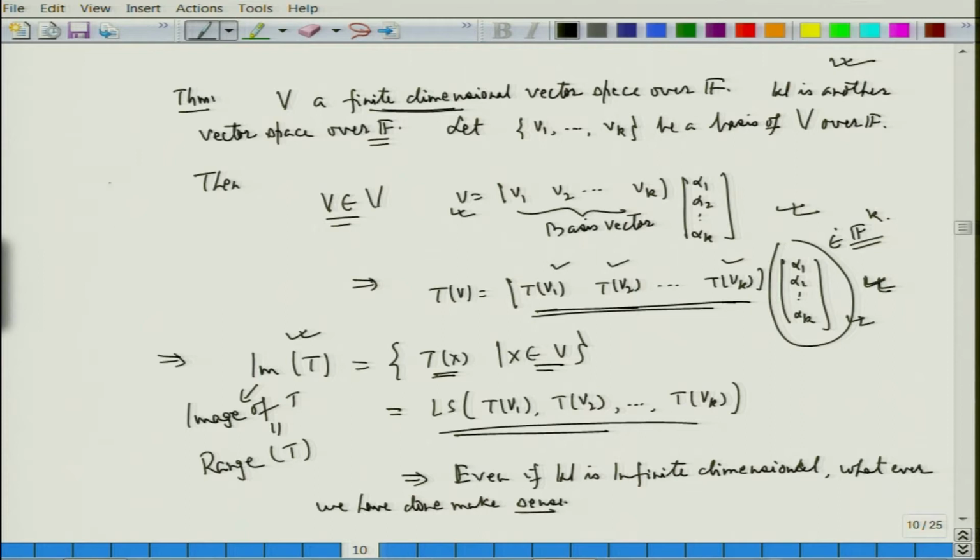The whole of this argument, W was not used at all. This is what is important, nowhere was W used.